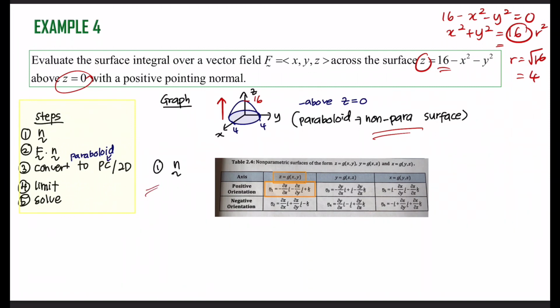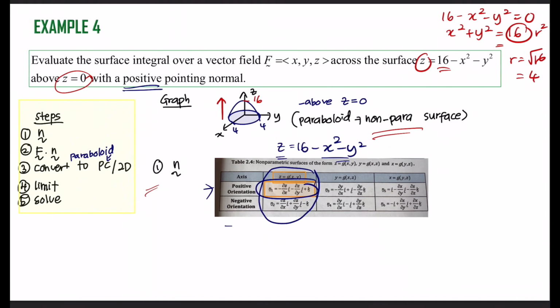Please look at the table, where we have z equals 16 minus x squared minus y squared, so z in the form of x and y. Look at this column, and the orientation is positive pointing normal, so positive orientation.